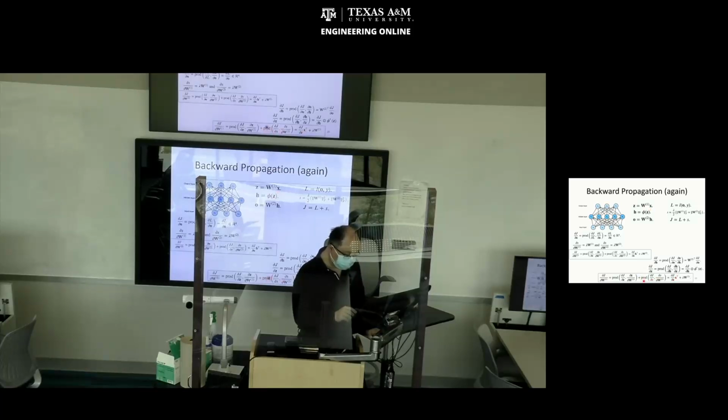Then the second term is about the regularization term, right? I have J with regard to S, and S with regard to W1. So S with regard to W1 is already known, lambda times W1. Then you also have J with regard to S, that's just a 1, right?